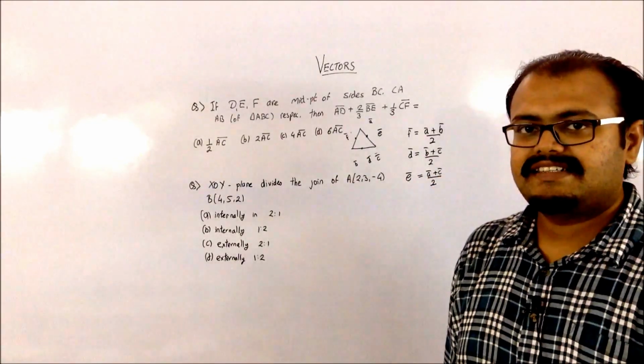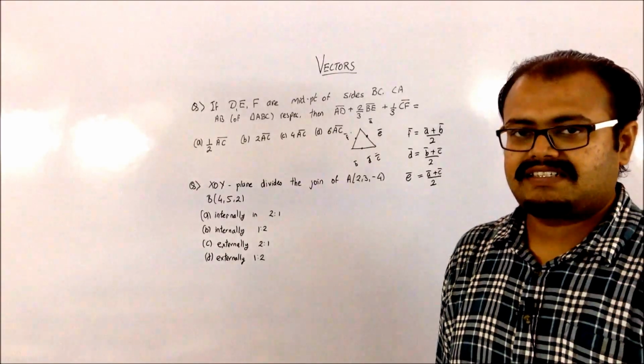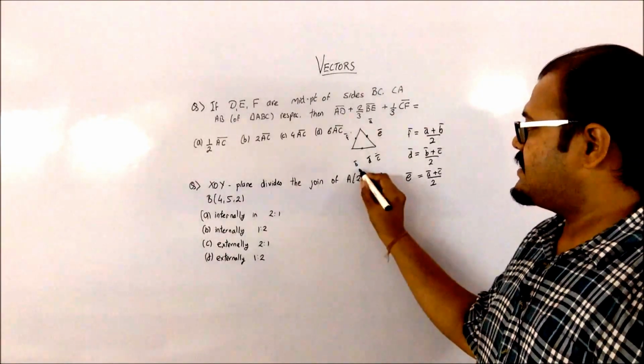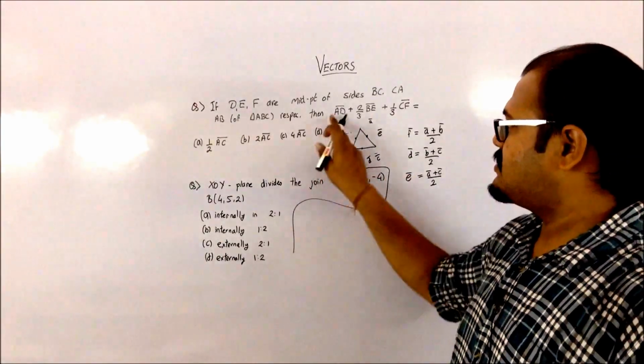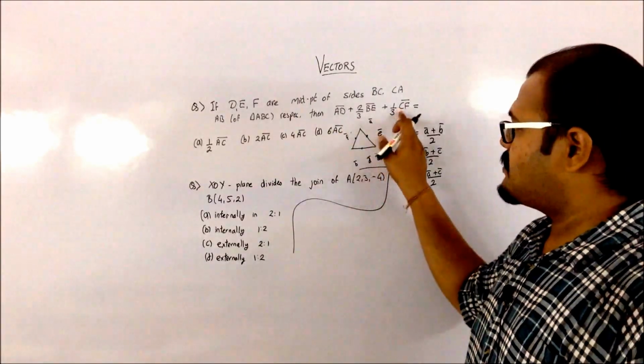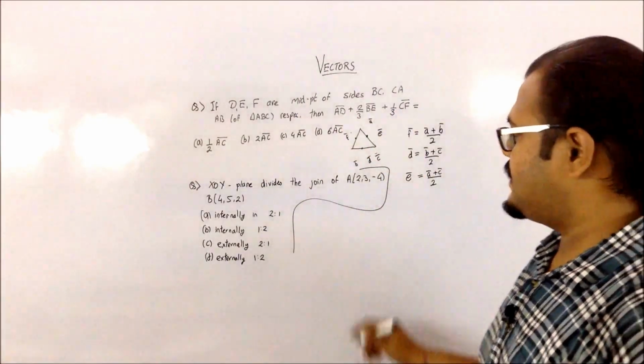Now after getting the relations of all the position vectors, let us go for the expression which is being asked. They are telling us to find AD bar plus 2 by 3 BE bar plus 1 by 3 CF bar. So let us find that.